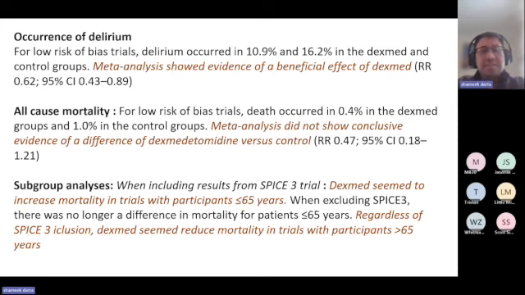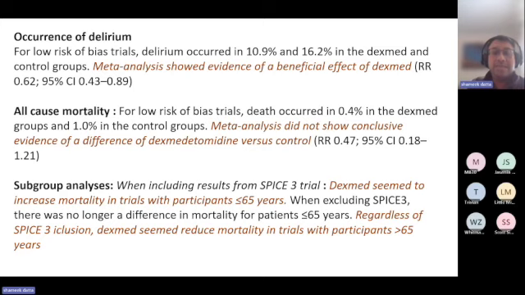They also did the subgroup analysis. This was mainly done because there was a trial called the SPICE-3 trial a couple of years back, which showed that dexmedetomidine kind of increases mortality when used in participants less than 65 years. In this trial, it also showed similar results in patients less than 65 years.